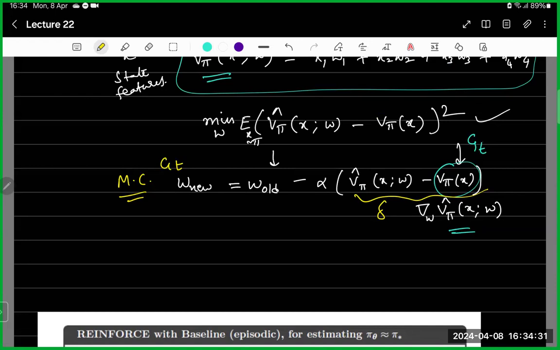In the TD based function approximation, what will we use instead of V pi? You can do this, right? The rest of the part will be the same, except for this part, you'll just use RT plus 1 plus gamma times V pi hat of ST plus 1 W.